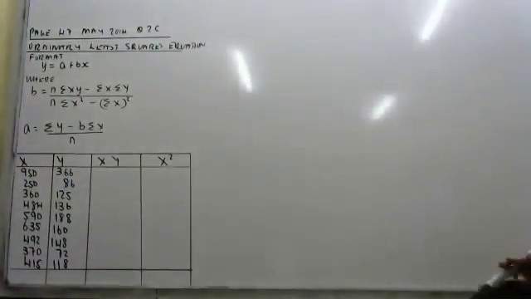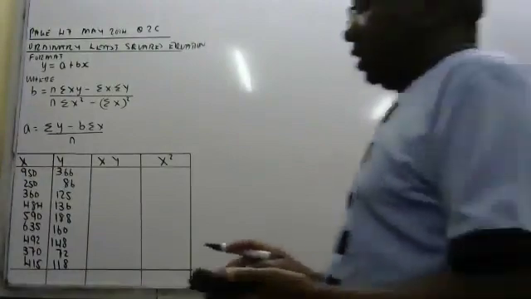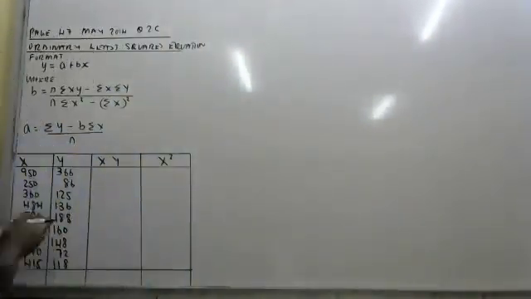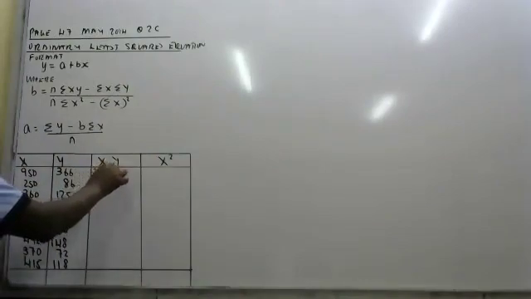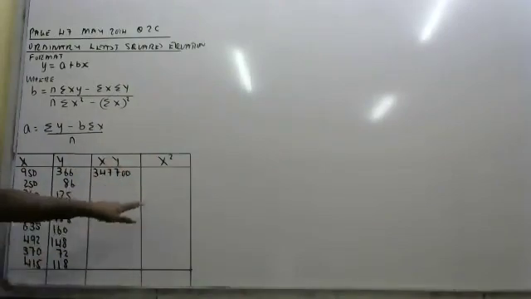Now, when you have that, you are supposed to multiply these ones. 950 times 366 equals 347,700. But you don't have to write everything.